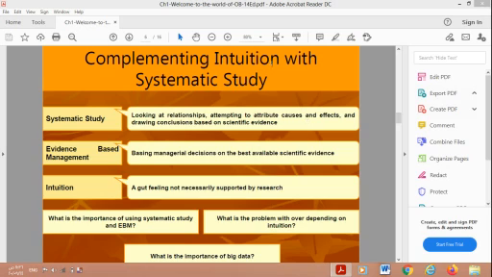So it is not a static relation between the causes and effects, between the dependent and independent variables in organizational behavior about human beings.